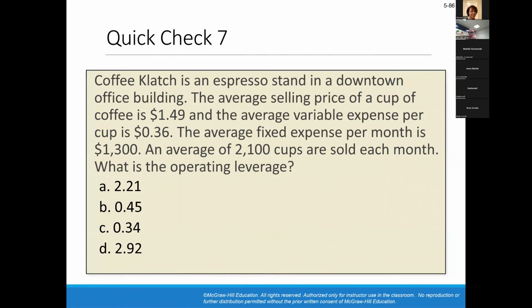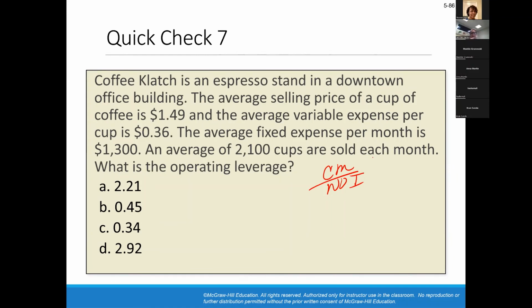All right, so we're going to look at our example that we did with our cups. We're going to have to work this out. So it says, what is the operating leverage? So the formula was the contribution margin over the net operating income.